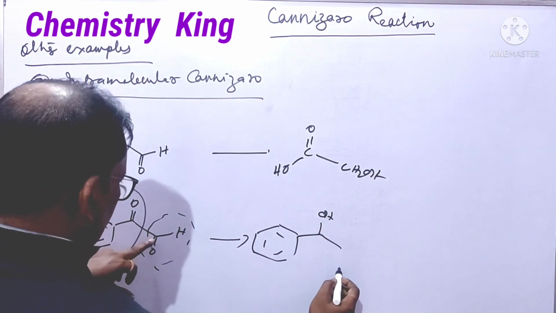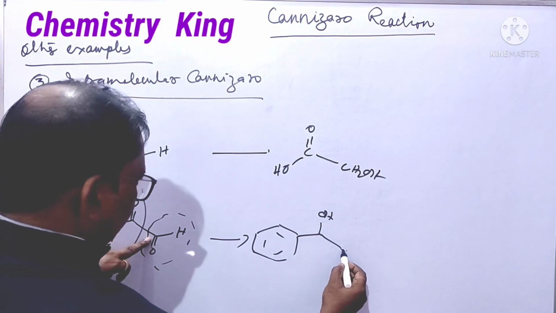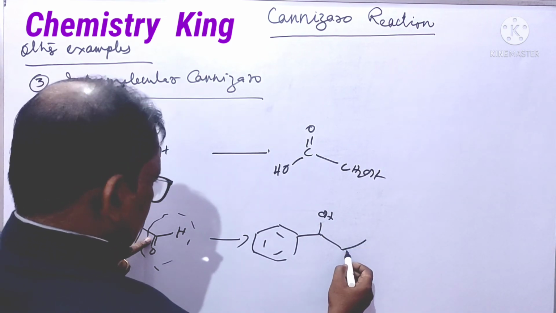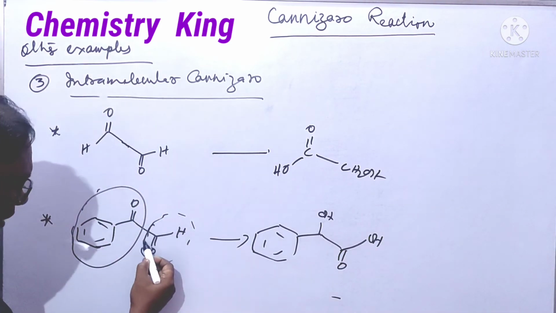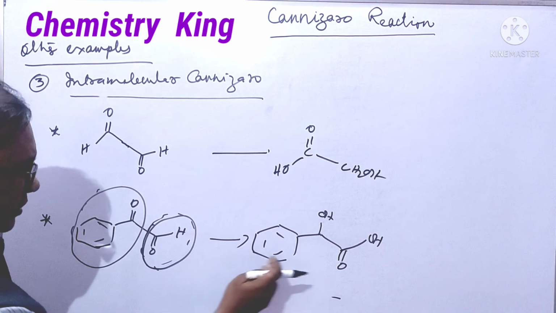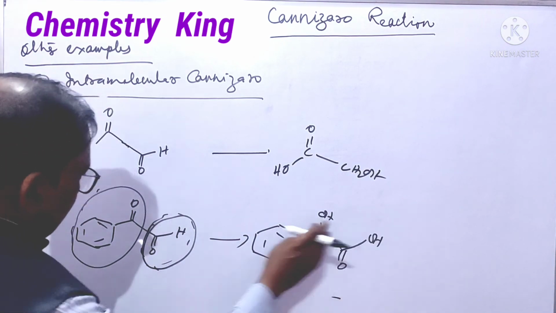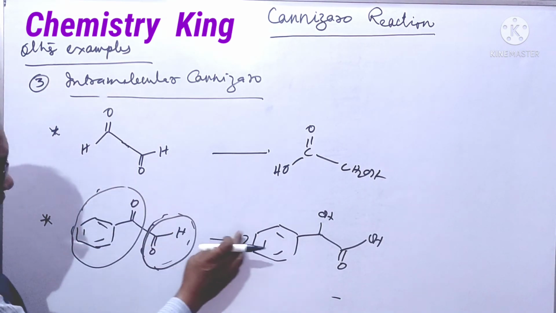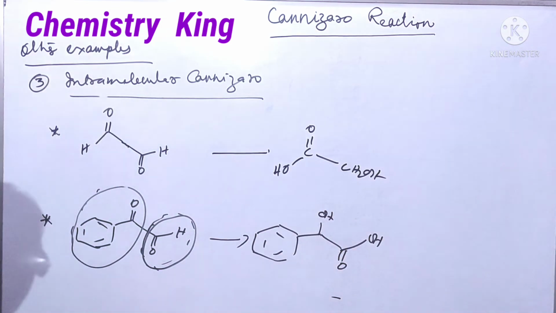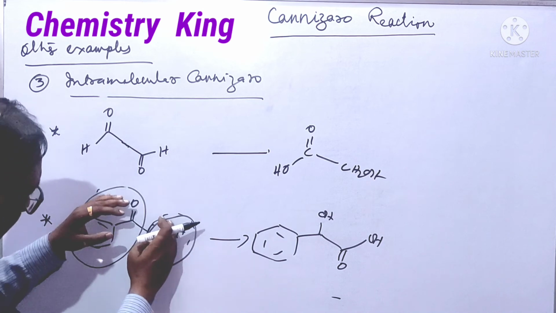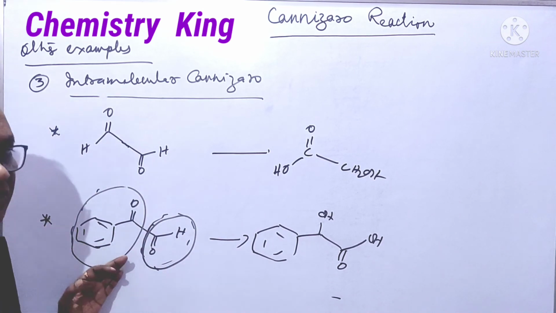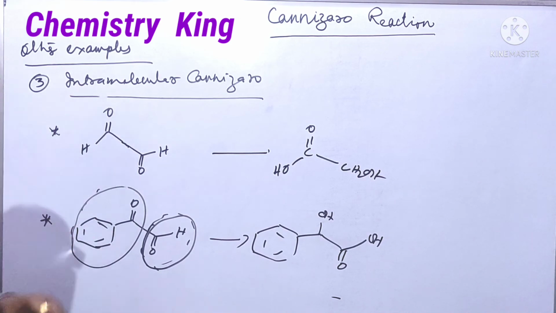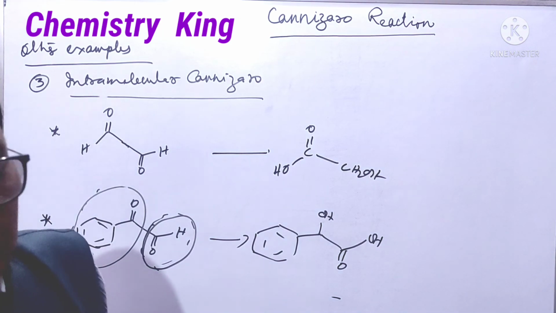Alcohol unit will be here and this carbon, it is double bond O, it is OH. It is smaller unit, so it will be oxidized into carboxylic acid, and it is bigger unit, so it is reduced into alcohol. And within one molecule, Cannizaro reaction is taking place here, and so it is called intramolecular Cannizaro.